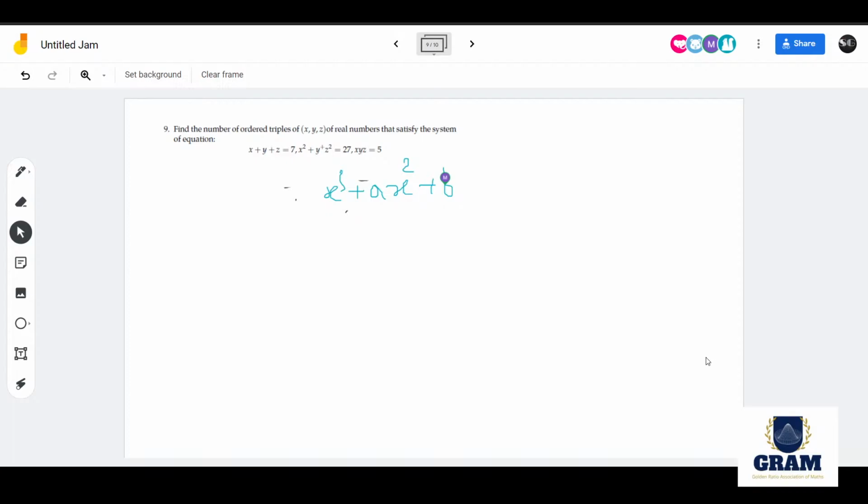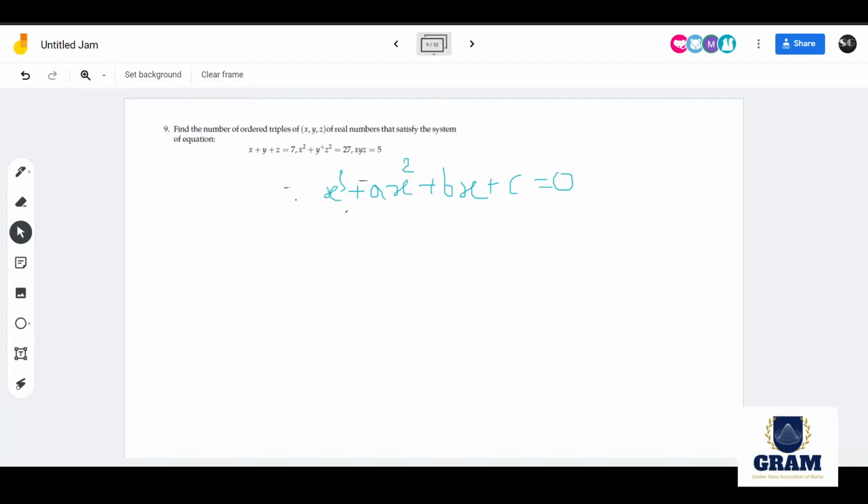Wait a minute. Yeah, so let's bash. You could do one thing: since the problem has x, making a cubic in x won't be good.